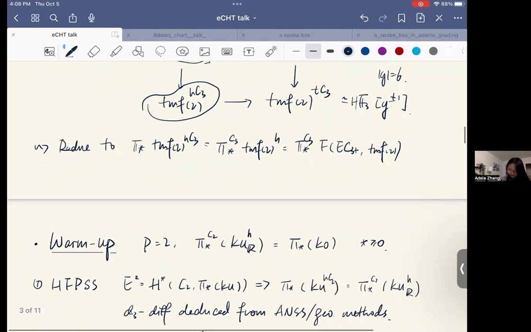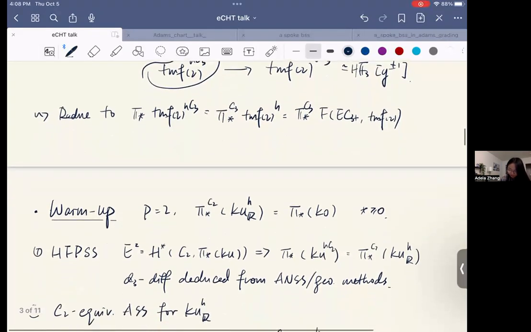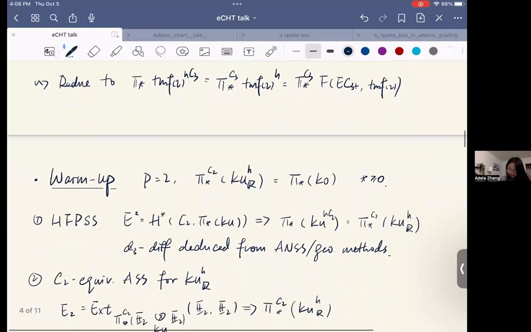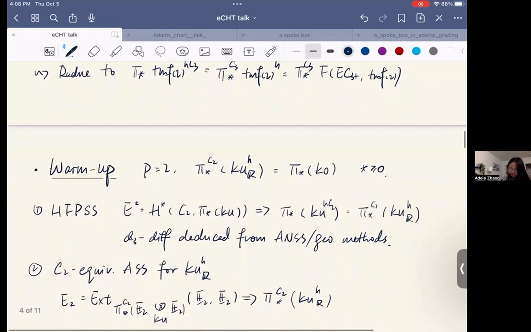That's not a D1. On the other hand, we can try to use the C2 equivariant Adams spectral sequence for KUR. It has E2 page, this Ext group over the C2 homotopy group of F2 underline tensor F2 underline over KU. As you expected, here it's really H, but yeah. So what is this?